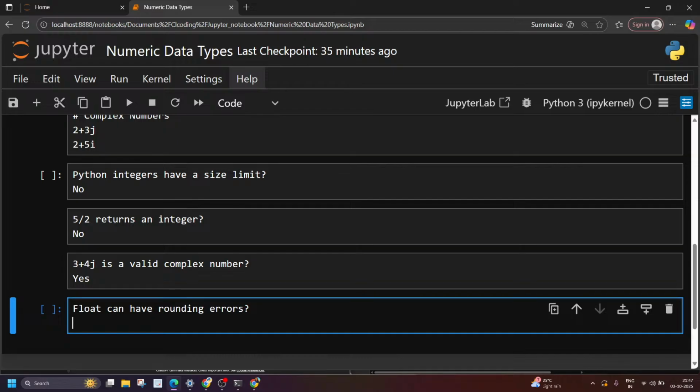Float can have rounding errors. Some of you are answering no.